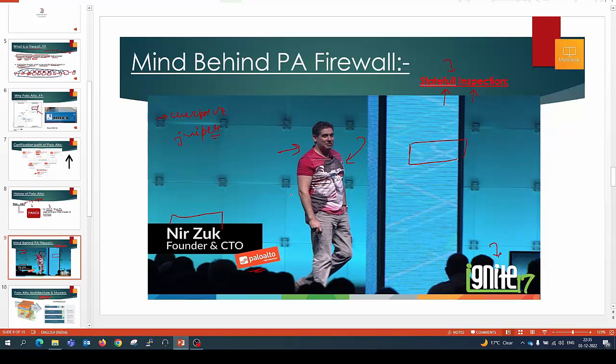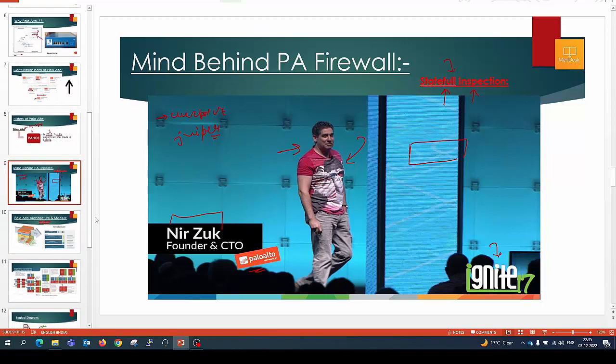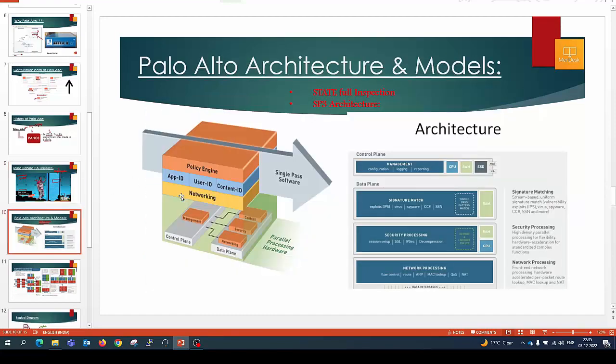All right, now let me discuss some of the basic and important aspects of Palo Alto. Let's discuss the architecture of Palo Alto. In 2012, when Palo Alto came into the market, what made them a company that grew so fast? It's their architecture.